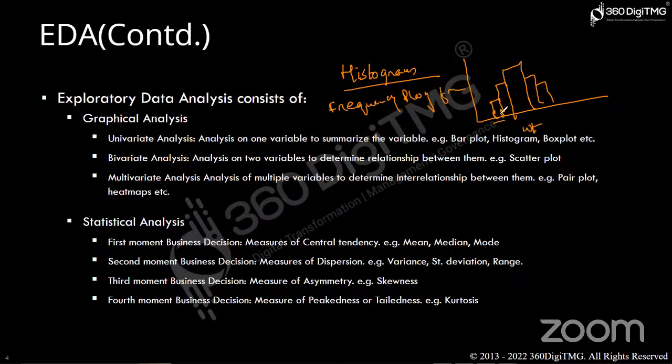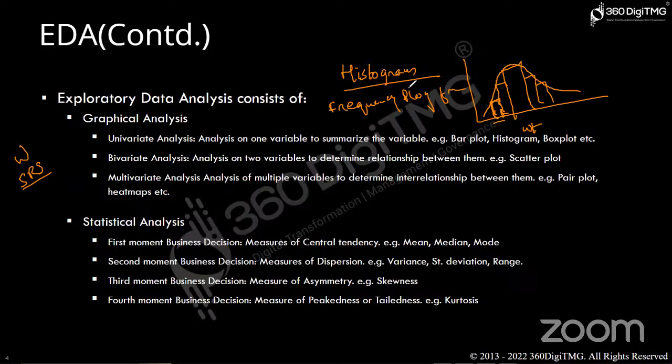In this range of weight, how many people are lying? In this interval of weight, how many people are lying? Like this, we are finding. And generally, if we have a simple random sample, we will find that we get a normal curve.